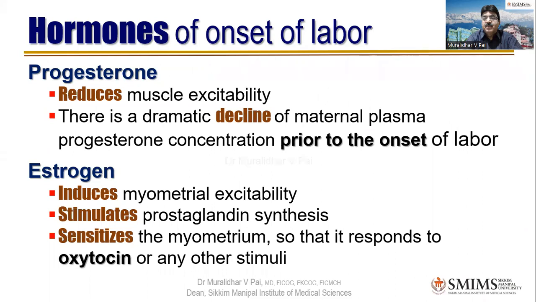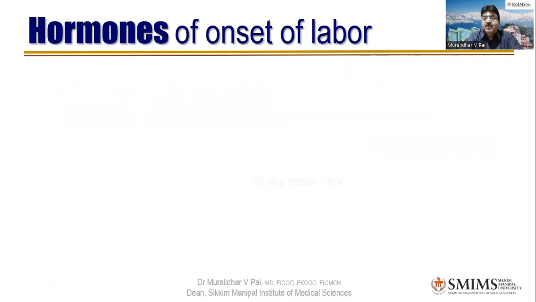Everything that is needed for initiation of labor is actually done by estrogen. That is why I was trying to tell since yesterday that the estrogen to progesterone ratio has to be altered in favor of estrogen. Then the labor sets in. Then the inducing agent will work well, and there will be a successful induction of labor. So progesterone protects, estrogen ends the pregnancy. P for P, E for E.